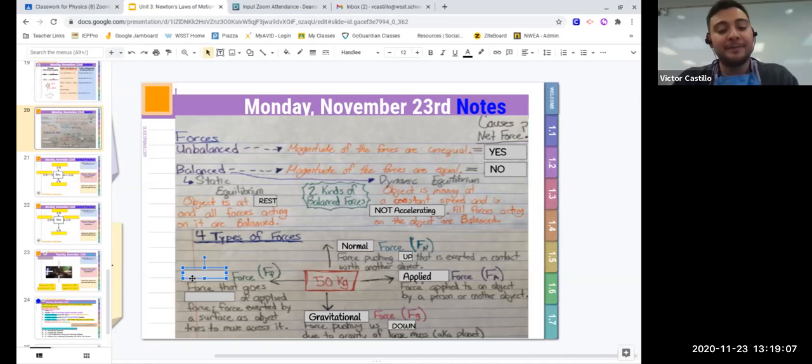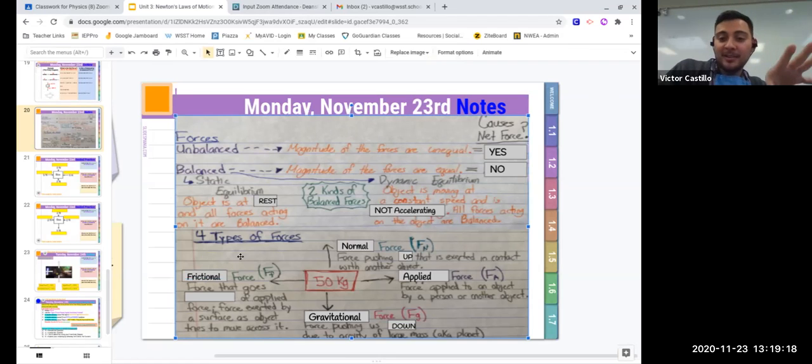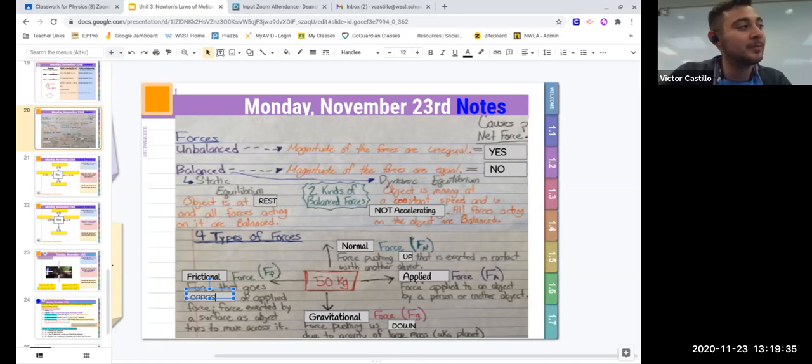And the last one we have is our frictional force. Every force has to have a counter force. So in this case, if I threw a ball, or if I kicked a soccer ball, the ball doesn't go on forever, right? It stops at a certain point. The reason it stops is because of the frictional force. Frictional force is the force that goes opposite of the applied force.